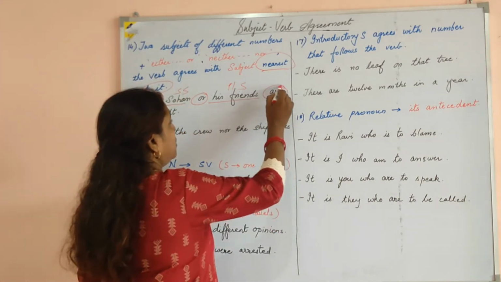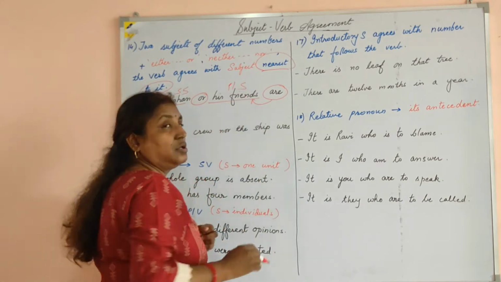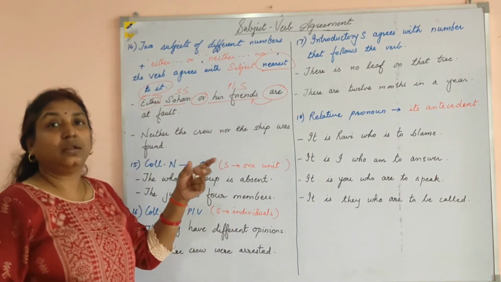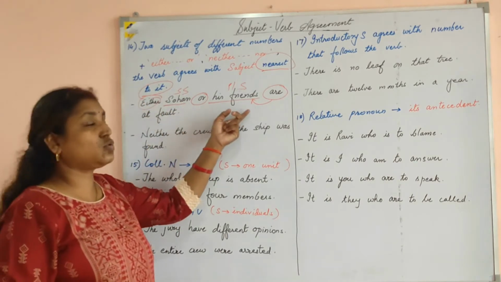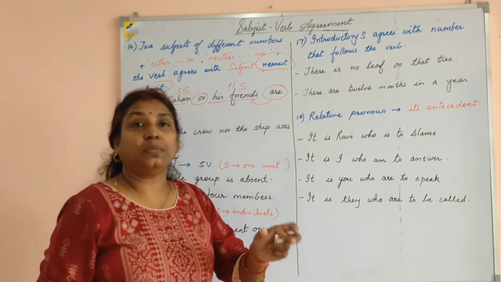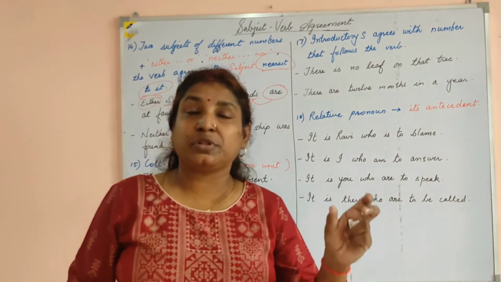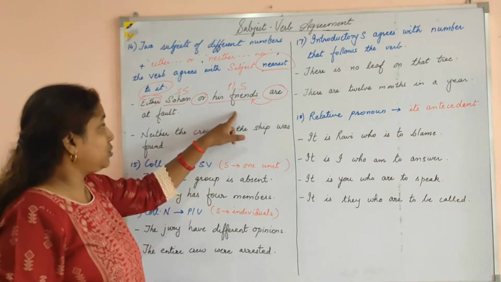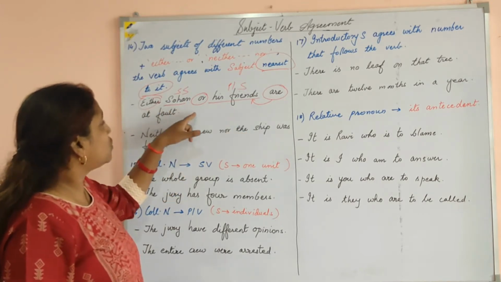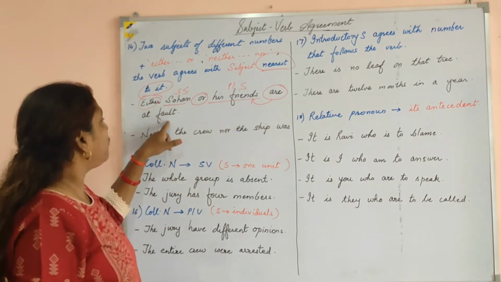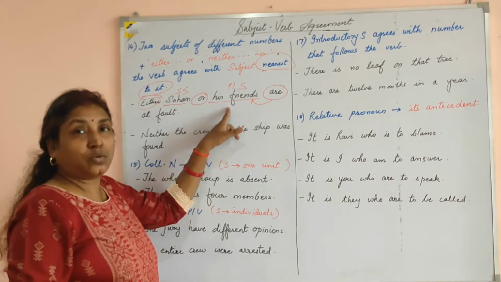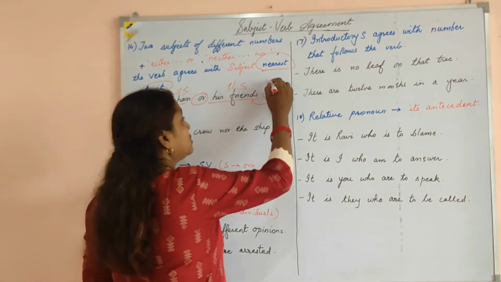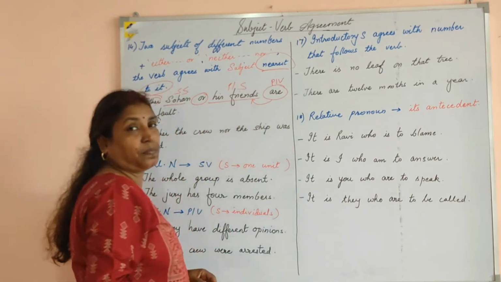The subject nearest to the verb. Two subjects are there. One is away from the verb, one is close to the verb. So the verb agrees in number with the subject that is nearest to it. So in either Sohan or his friends are at fault, his friends is the plural subject close to the verb and hence your verb is plural.